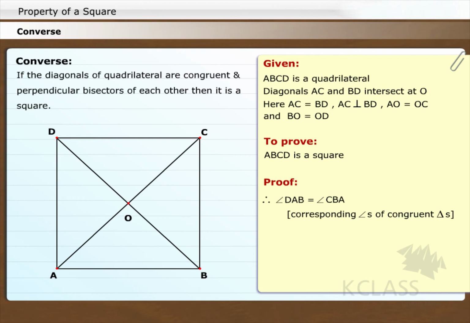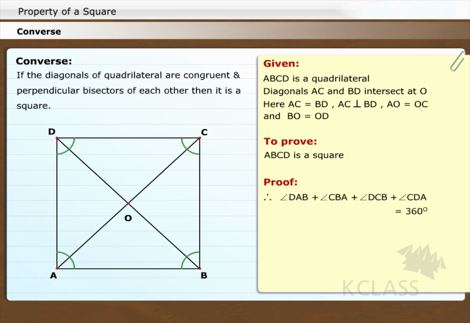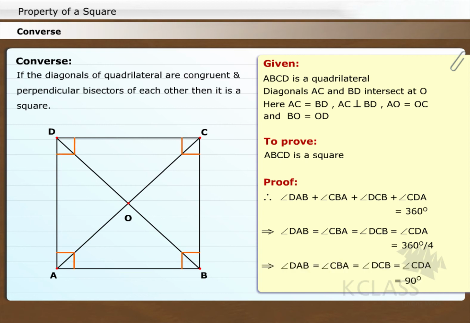Similarly, it can be proved that all the four angles of the quadrilateral ABCD are equal. As the sum of the angles of a quadrilateral is 360 degrees, each angle will be equal to 360 divided by 4, that is 90 degrees.